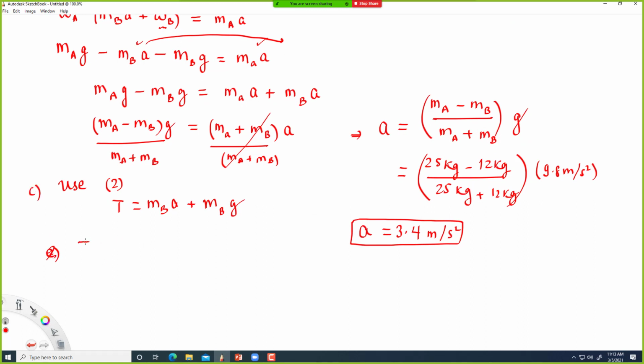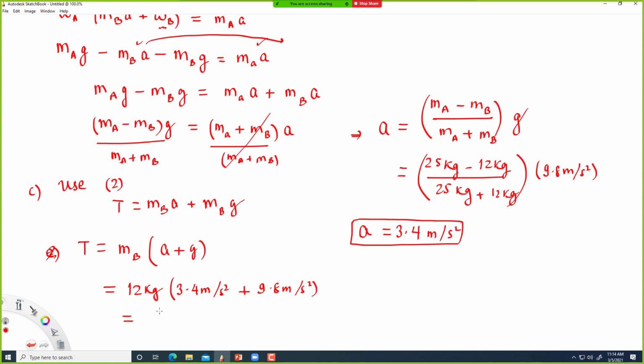So T is equal to MB, which is common, so you can pull it out of the parentheses: A plus G. MB is 12, A is 3.4 meters per second squared, and G is 9.8 meters per second squared.